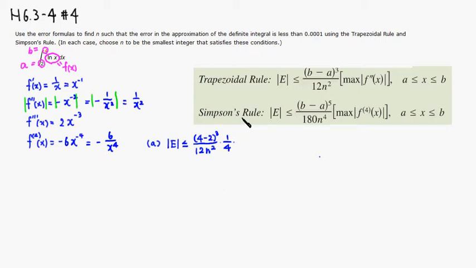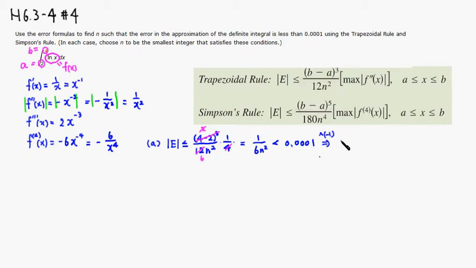Alright, so let's simplify a bit. 2 cubed is 8, so this and the 4 cancel out, leaving 2, and that cancels with the 12 to give 6. So we get 1 over 6n squared. We want this to be less than 0.0001. Then we take the reciprocal of both sides.